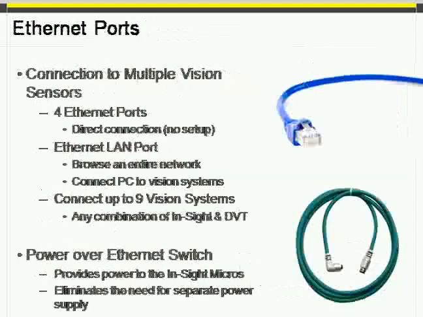So what we also do here is we can allow multiple connections through the LAN port. This will browse your entire network and connect this VisionView to the different cameras out on the network. We connect up to 9 vision systems. They will see all the cameras on the network, but you'll only be able to display 9 at a time.